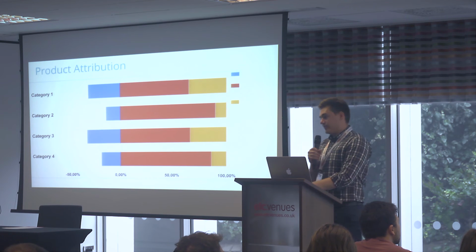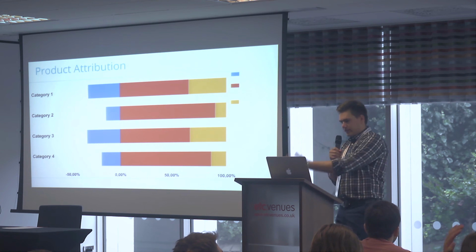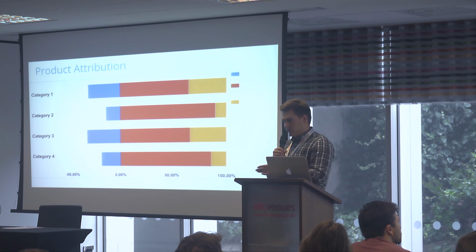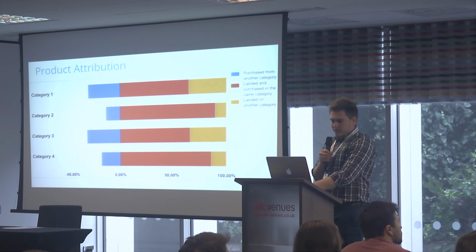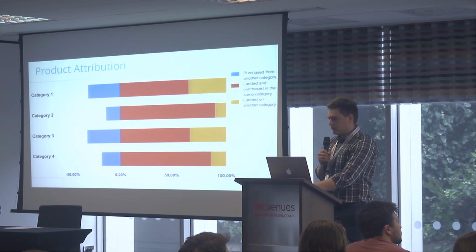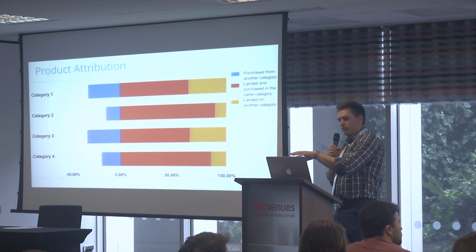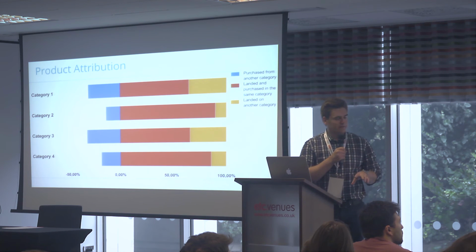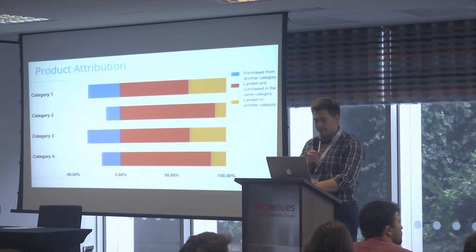And those who visited other categories and landed on other category pages would buy from the category you are currently analyzing. So then you need to understand really the sequences of all the user actions, all the landing pages that they visited, and you want to join this together.